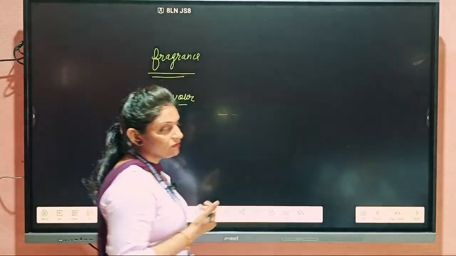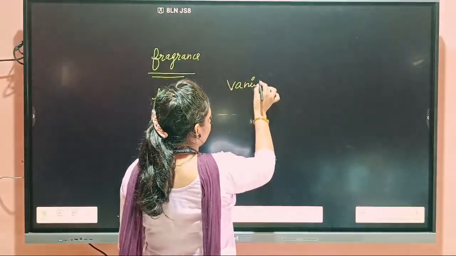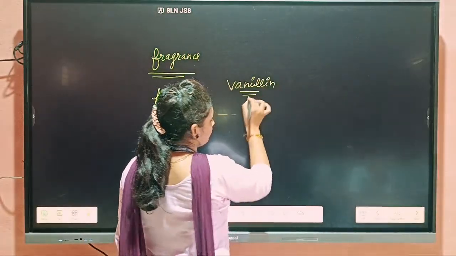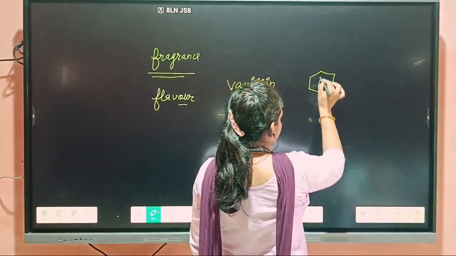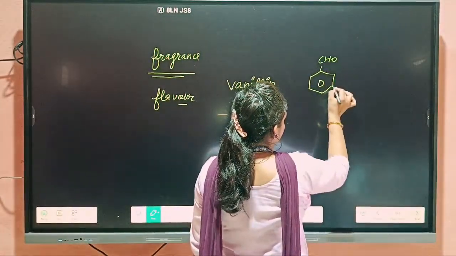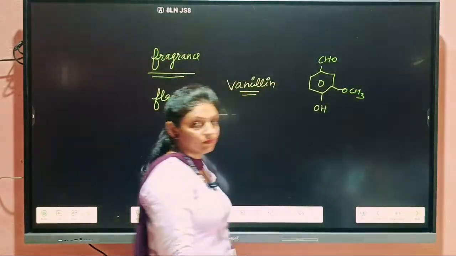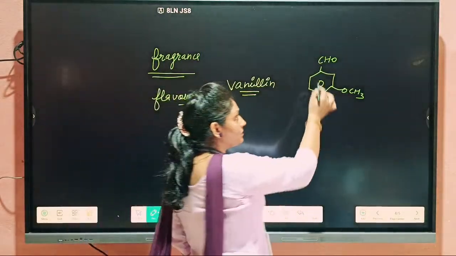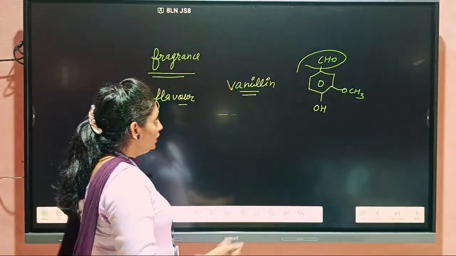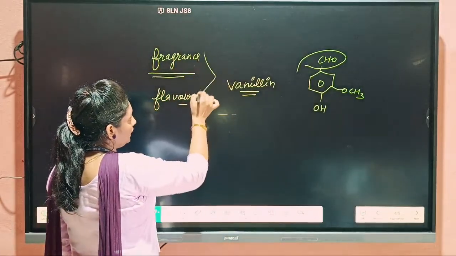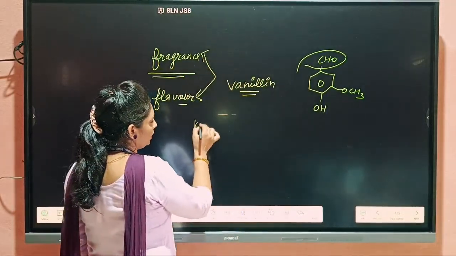Okay, so what is vanilla? It is also known as vanillin. This is vanillin. So aldehyde group is present here, you know, and because they show sweet smell, we use them for making perfumes.